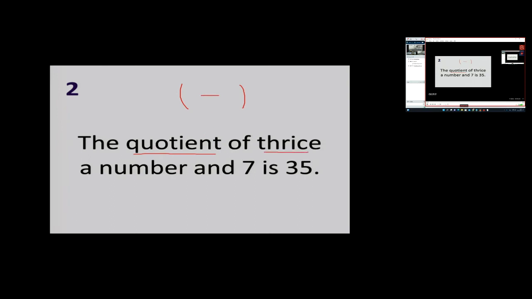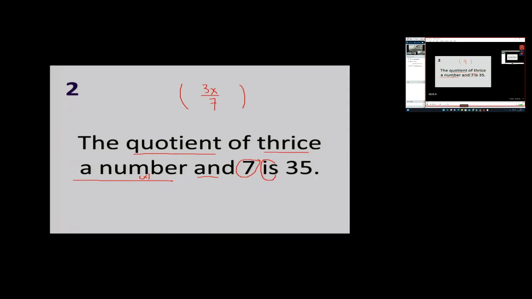Now, what is thrice a number? If the number is letter x, thrice a number is 3x. Thrice a number and 7. So this will be 7. Remember to put it in the parenthesis.